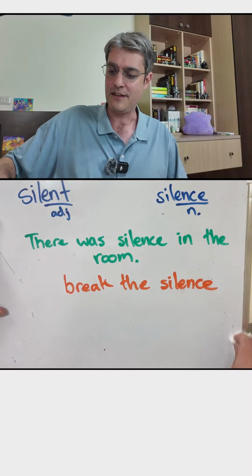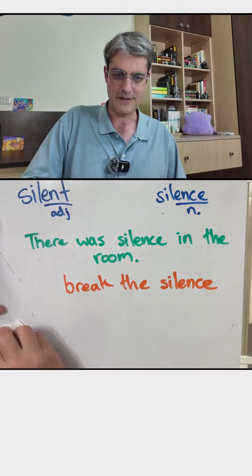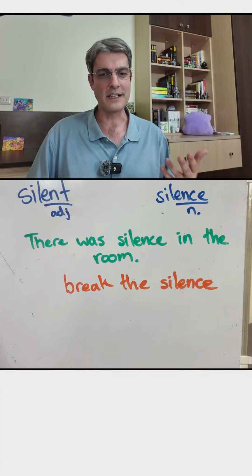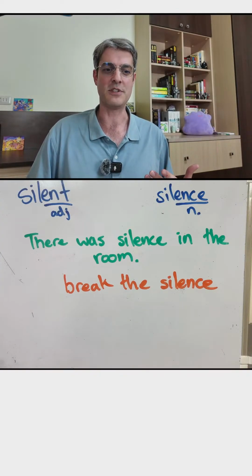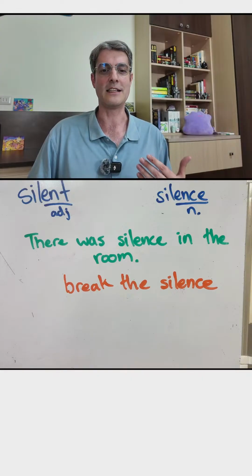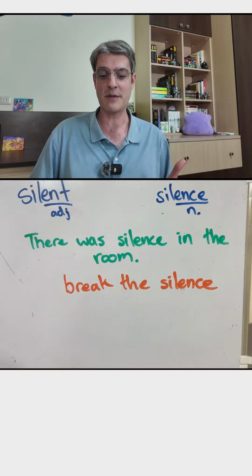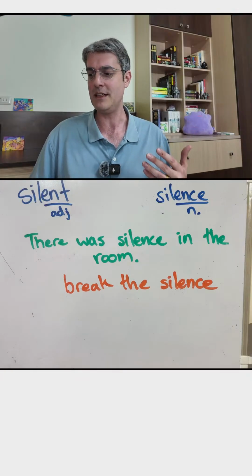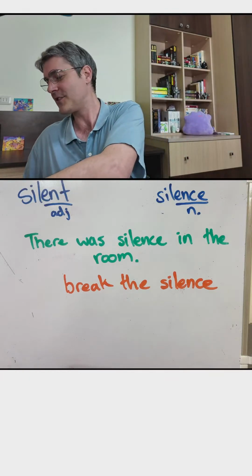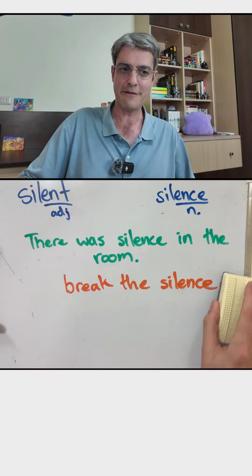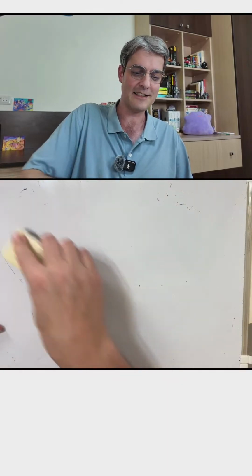Or it could be to finally talk about some important or long hidden subject, like a taboo subject with someone, would be to break the silence. So maybe something terrible happened and nobody in the family talks about it, but to break the silence would be to finally start talking about it again. So that's it for silent and silence.